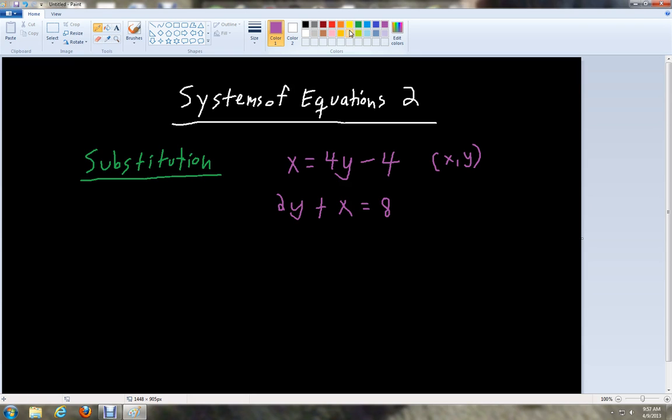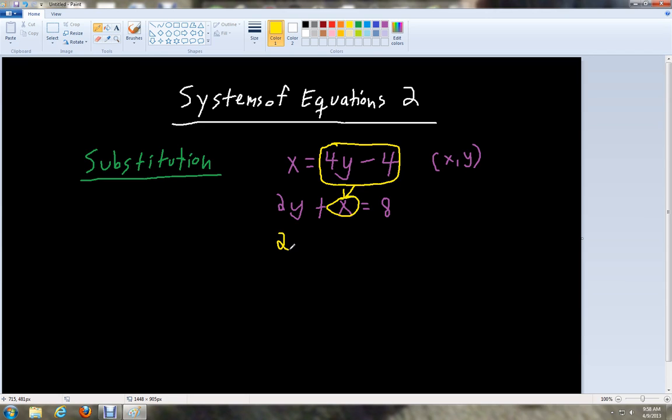Notice here that we have the variable x by itself in terms of y: x equals 4y minus 4. So what I can do is replace x with 4y minus 4 in this equation, because there's an x right there. So I'm doing a substitution. In place of x, I'm going to put 4y minus 4.